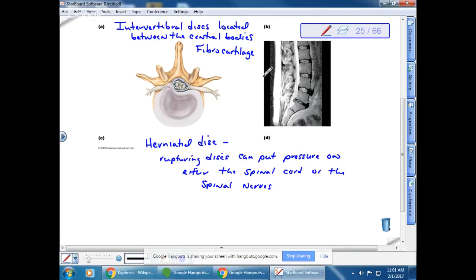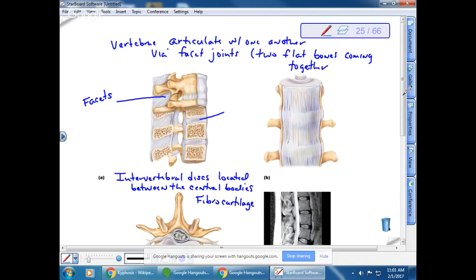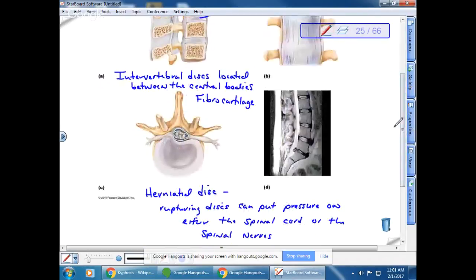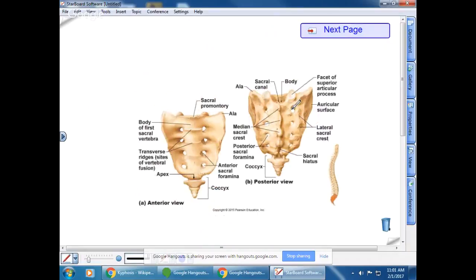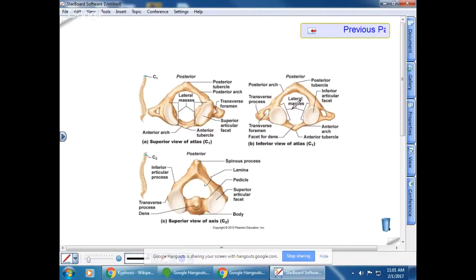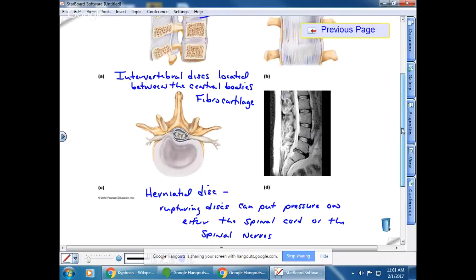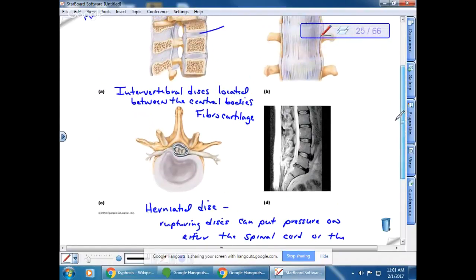So if we look at what is referred to as an MRI, oops, let me show you a different one. Oh, where's the other ones? Sorry. Okay, so this is a diagram of an MRI. So you can see that in these particular instances, this would be the spinal nerve.